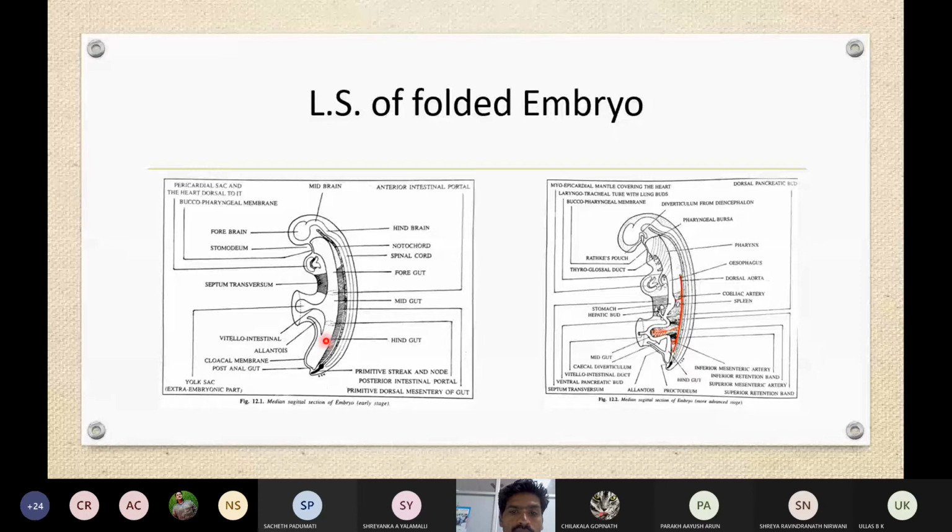Wherein the caudal part of the embryo, towards the tail part, has now been called the cloaca. This whole part is now the cloaca.